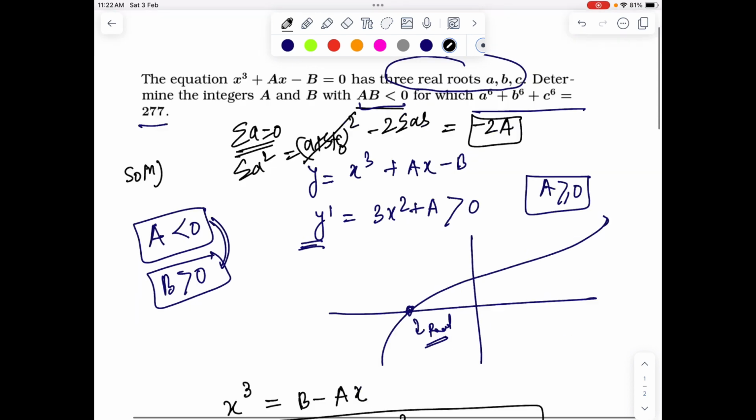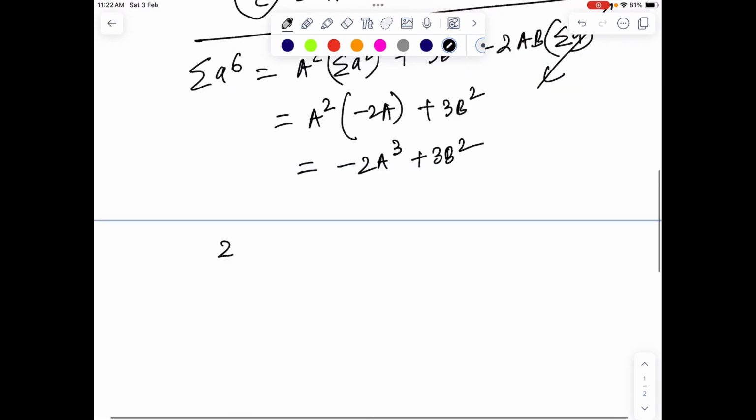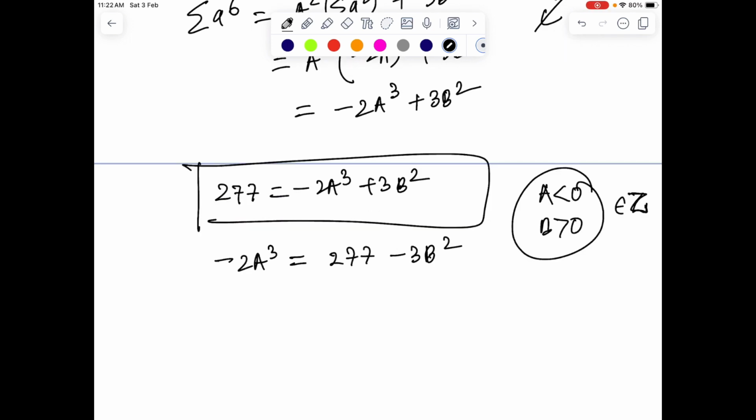Now we want this to be 277. So minus 2a cube equals 277 minus 3b square. And we know b is positive. Anyway, a is negative, so minus 2a cube has to be positive.